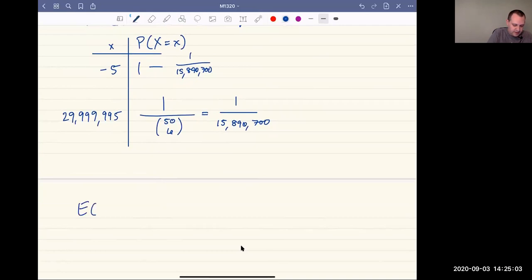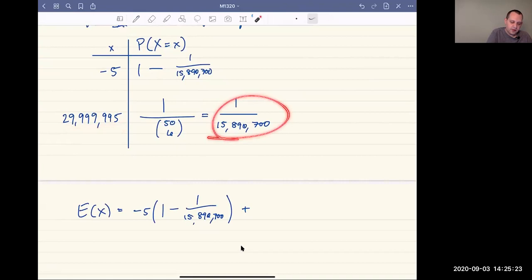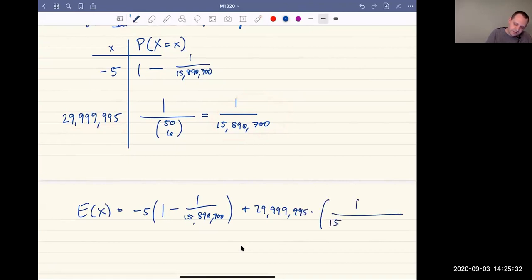Then we're asked to find the expected value. The expected value is minus 5 times the corresponding probability, so that's 1 minus 1 over 15,890,700. We add to that the 30 million minus 5, so 29,999,995, times the corresponding probability, 1 over 15,890,700.